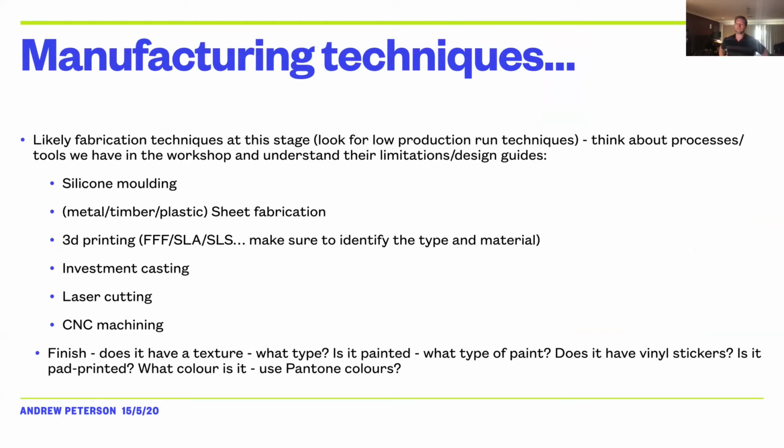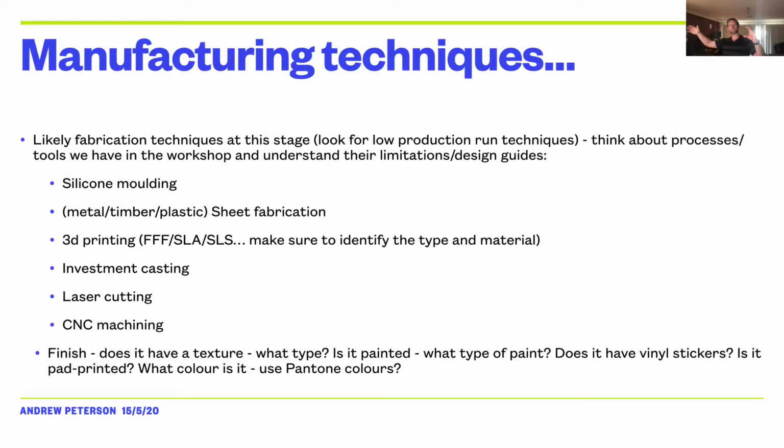Manufacturing techniques that you're likely to come across for this particular project. So in ID4, we've been talking about things like injection molding, which is great for mass production. But when it comes to the project that we're working on in ID3, we're looking at sort of one-off or very low-run production techniques at the moment.